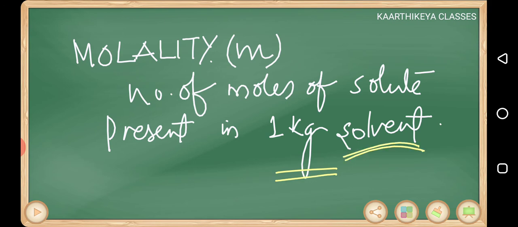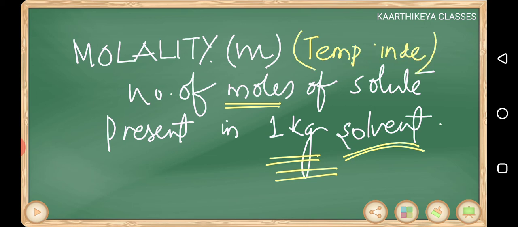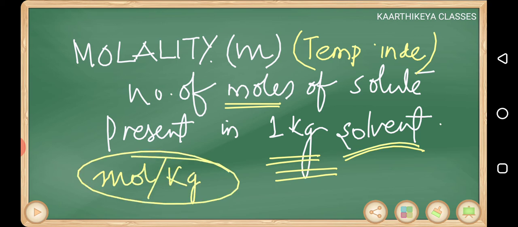Here it is solvent, there it is solution. The number of moles point is the same. But here mass is used, so there is no dependence on temperature; it is temperature independent. These lines are important. Units are moles per kg.